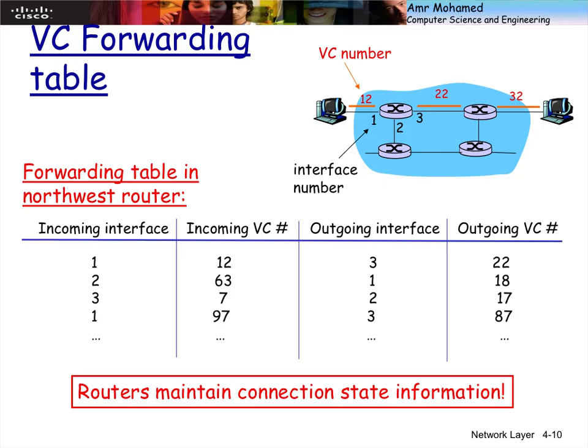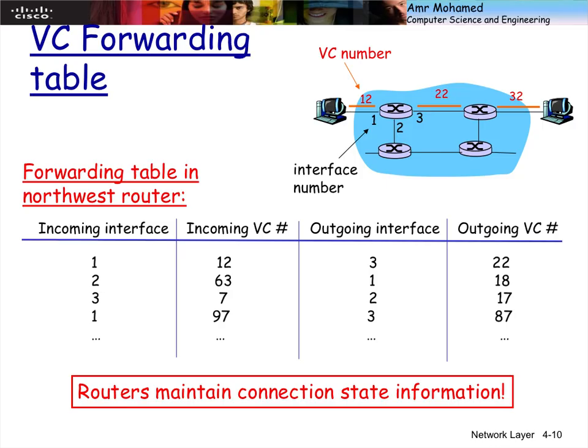In datagram, we deal with this as only one entry in the routing table. But here I can potentially have tens or maybe hundreds or millions of these virtual circuits, which we have to maintain and handle separately, which is a big overhead for the router. The router now has to deal with millions of these virtual circuits.